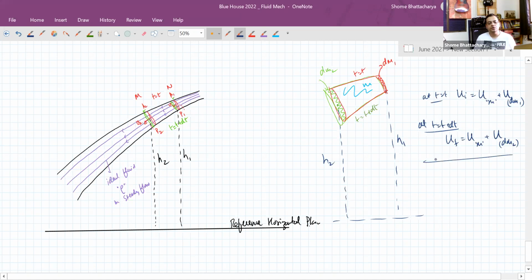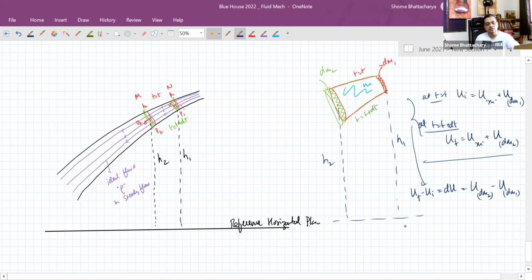The difference in potential energy between these two instants will be a differential quantity, and because the common part has the same potential energy, it is the potential energy of the small section dm2 minus the potential energy of the small section dm1.